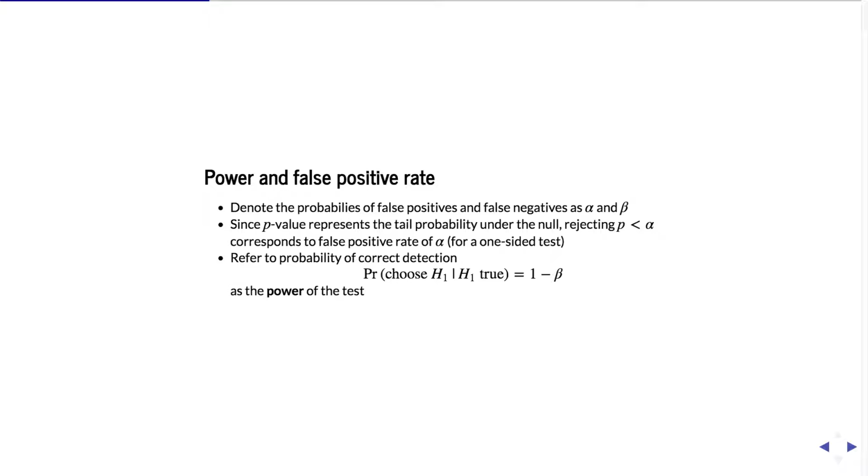And if it's a two-sided test, if we care about p1 being greater than or less than p2, just not the same, then you just divide alpha by 2, because you'd have to split those false positives between the two tails. And if our false negative rate is beta, then correspondingly the probability of correct detection, which is what we do every day as recall, is going to be the power of the test.